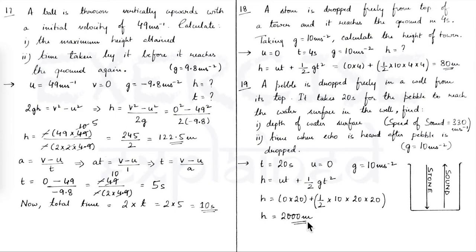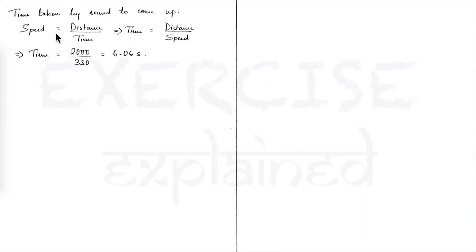Now what we need to find is the time taken by sound to come up. So here speed will be distance by time, as we learnt in 6th standard probably. Time will be equal to distance by speed from this formula, and time will be equal to 2000 divided by 330. So we get it as 200 by 33, which happens to be 6.06 seconds.